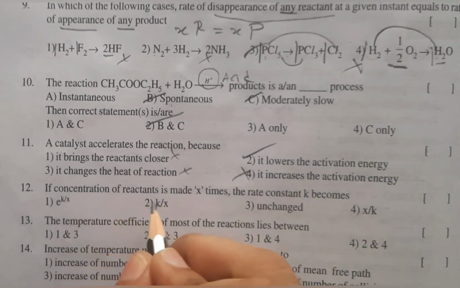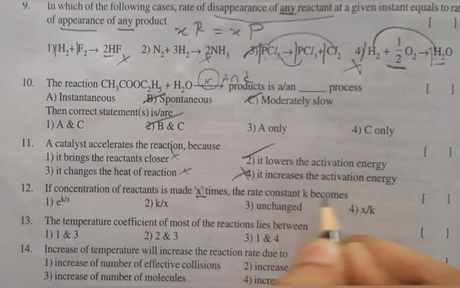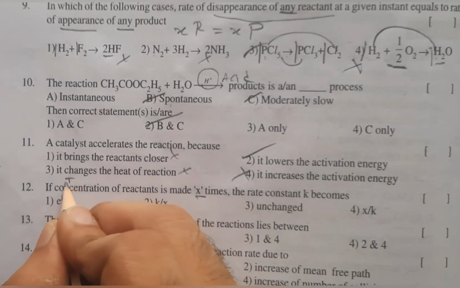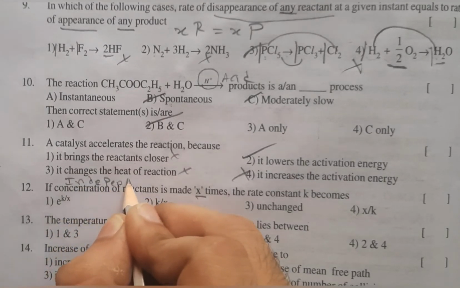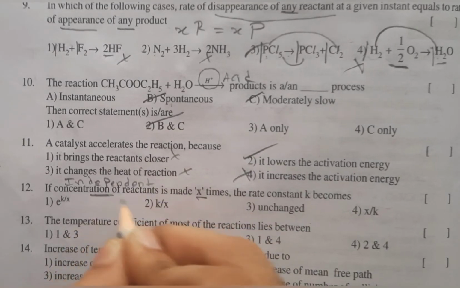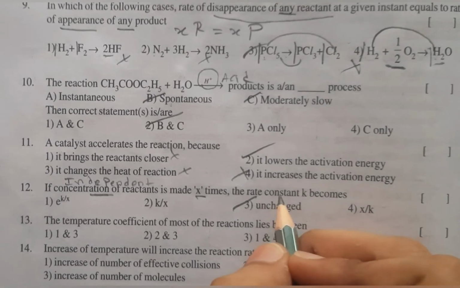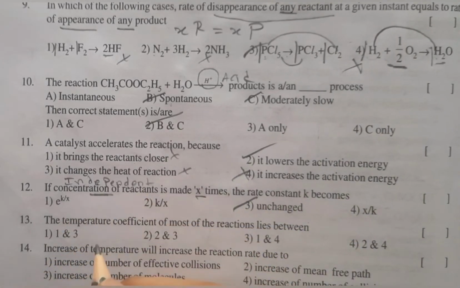If the concentration of reactant is made x times, the rate constant? The rate constant is independent of concentration. So it is unchanged. Rate constant does not depend on concentration, right?